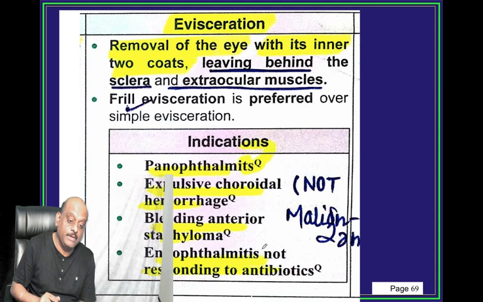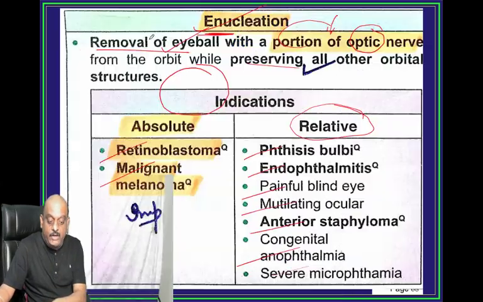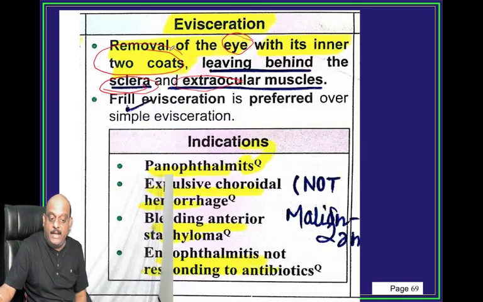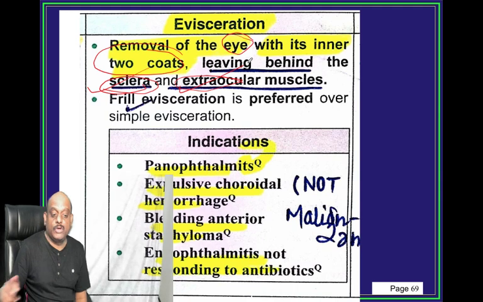Then doctor, removal of the eye with its inner two coats, leaving behind the sclera and extraocular muscles. So in enucleation the whole eye is removed, but in evisceration you will leave behind the sclera and you will be leaving behind extraocular muscles. So that is called evisceration.